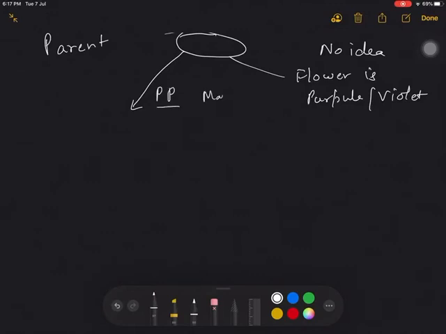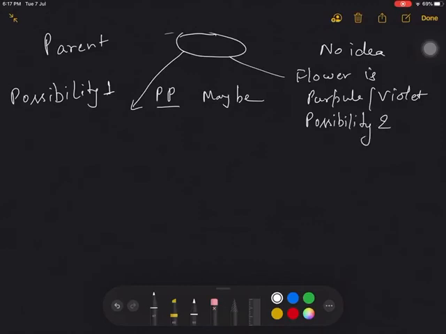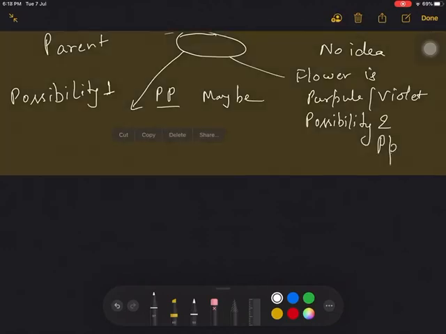Maybe possibility number 1. And possibility number 2, this may be heterozygous, that means a capital P and a small p.